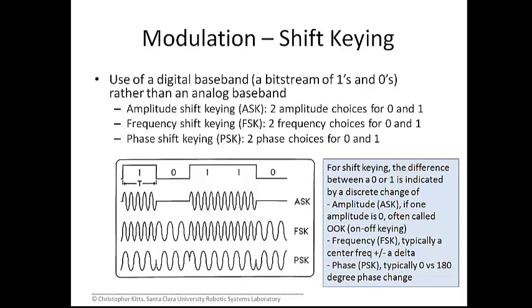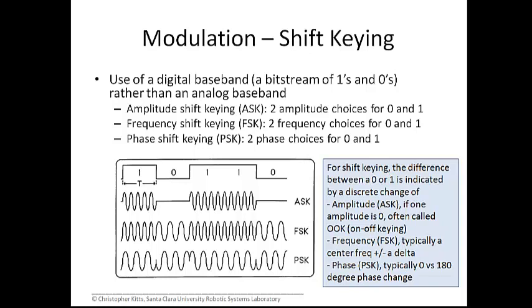That's the discrete or digital version of modulation in this case. So amplitude shift keying is going back and forth between two different amplitudes based on whether the piece of information is a 1 or a 0. And in the figure here, you can see that our amplitude is some amplitude or 0. And this is a very extreme version of amplitude shift keying, and it actually sometimes has its own name called on-off keying.